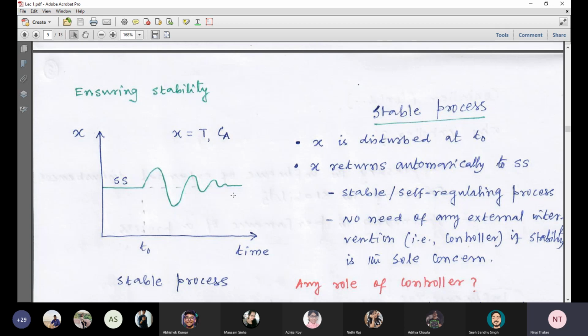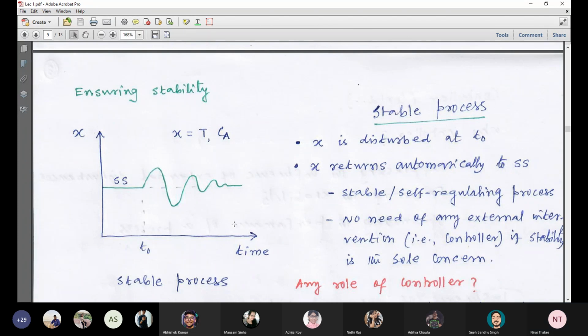Now the question is, for this stable process also I want to employ a controller. Can you tell me what profit I will gain from this? What is the gain by employing a controller for this stable process?